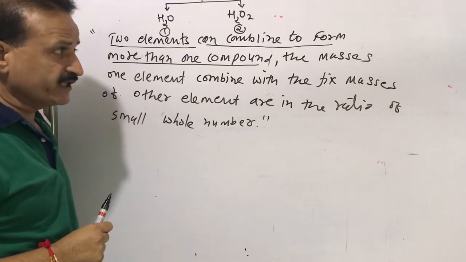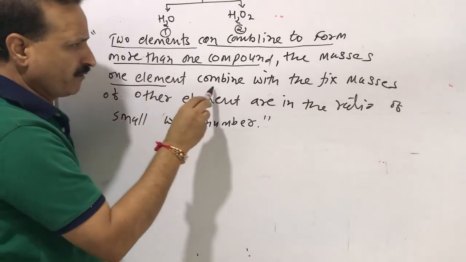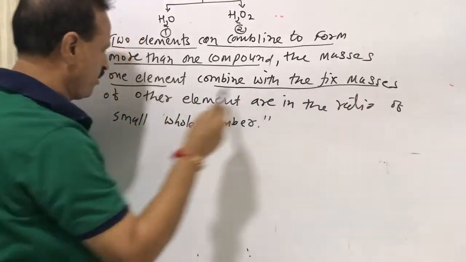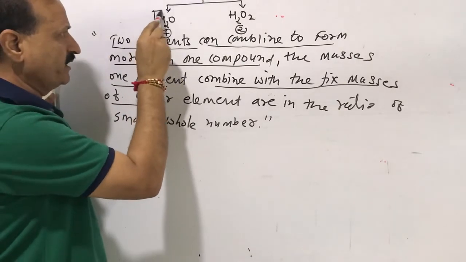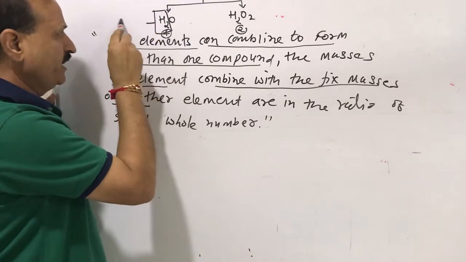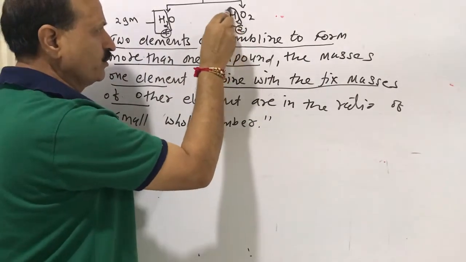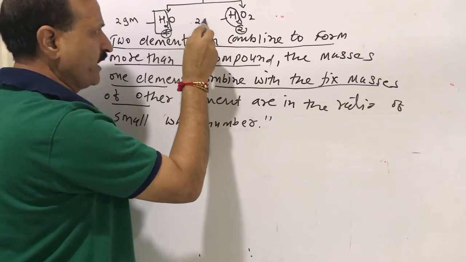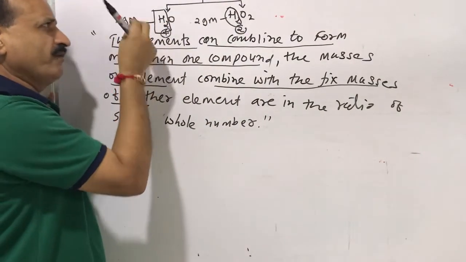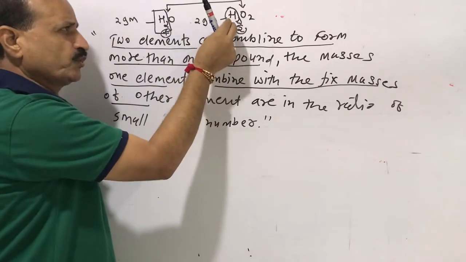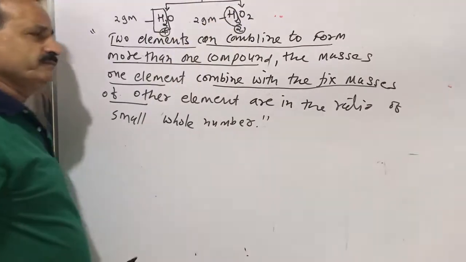Now the explanation is what? The masses of one element combined with the fixed masses of the other element. The fixed mass of hydrogen in H2O is 2 gram, and in H2O2, hydrogen peroxide, the fixed mass of hydrogen is also 2 gram.